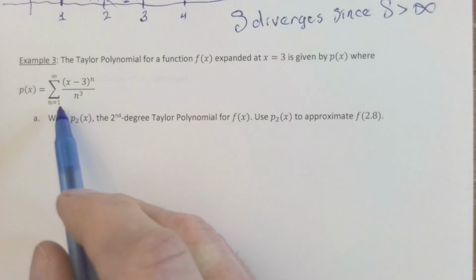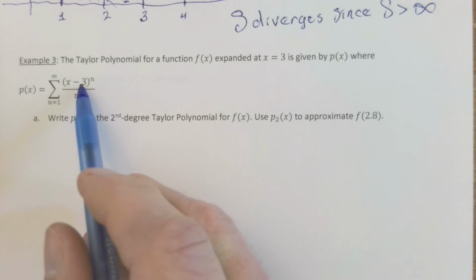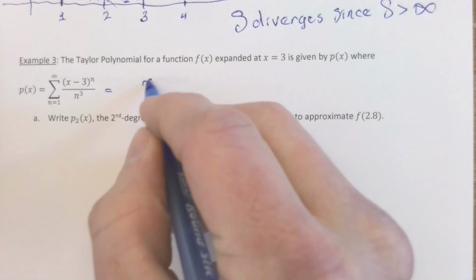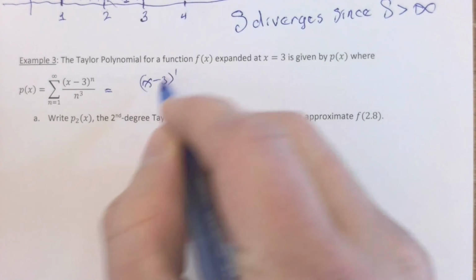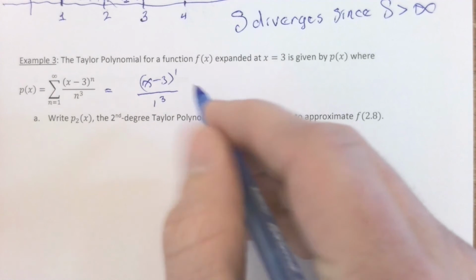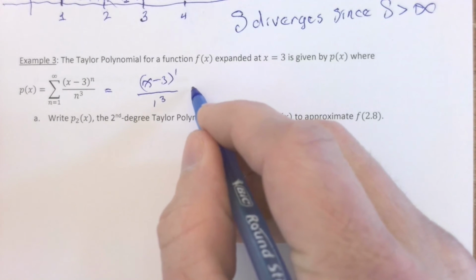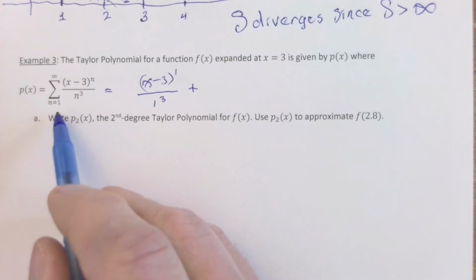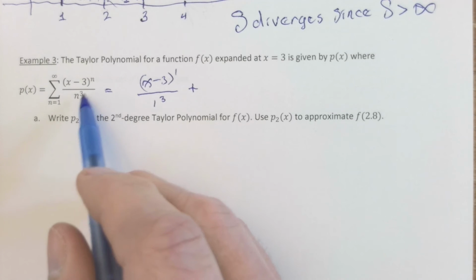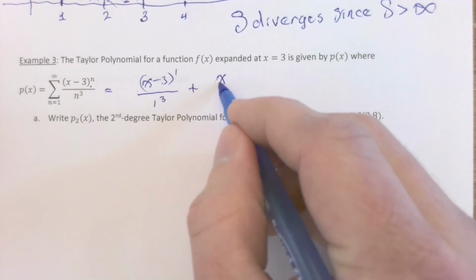Okay, plugging in n equals 1, we get x minus 3 to the first, and we get 1 cubed. So that's x minus 3 to the first over 1 cubed. I didn't really need these here, but I'm just being consistent with the pattern. The next thing to do is plug in n equals 2. You're going to have 2 cubed on the bottom and x minus 3 squared on the top.